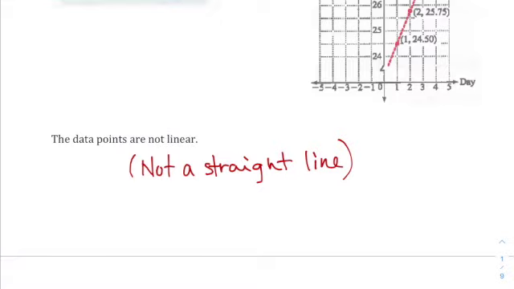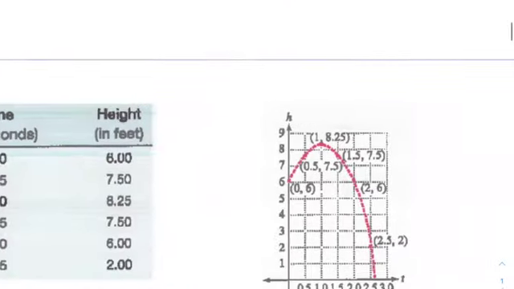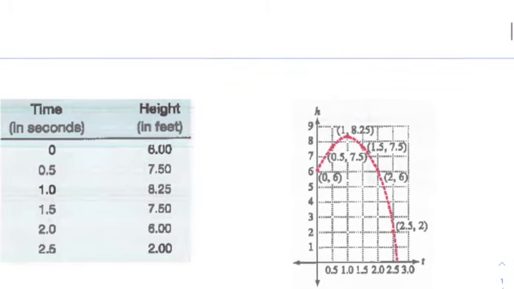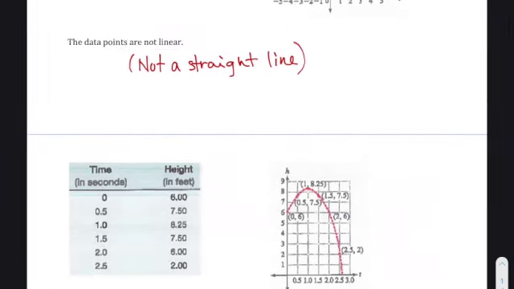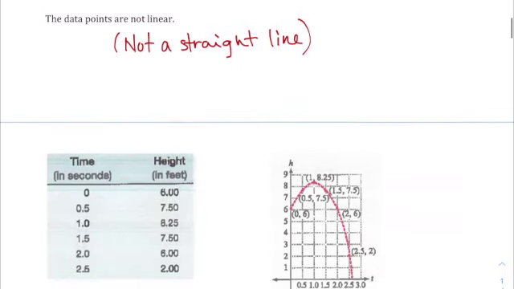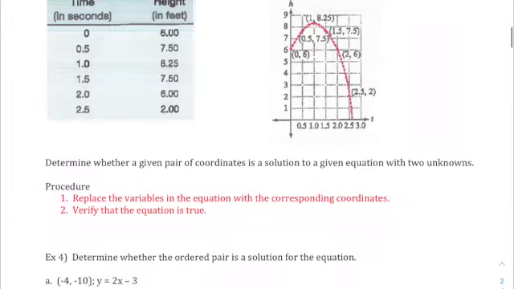Okay, and that looks like this. And eventually you are going to see this kind of curve is actually a parabola, and some of you may not know that yet. So that's not linear. So a straight line is linear. A non-straight line is not linear. Okay, non-linear.